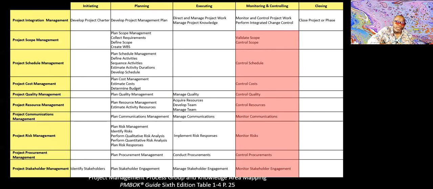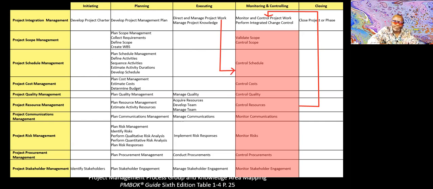And out of these red processes, I know it's beginning to make sense for someone, we're going to get work performance information. And guess where it's going? Right into monitor and control project work. But where did the work performance data come from? It came from direct and manage project work. And it went into these guys over here.